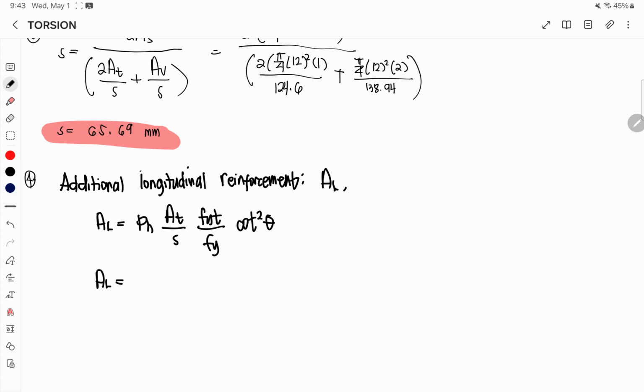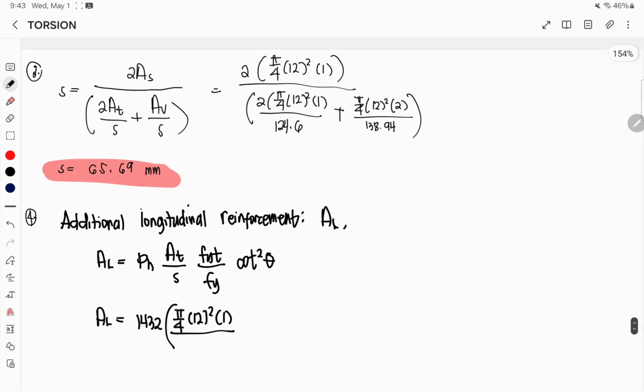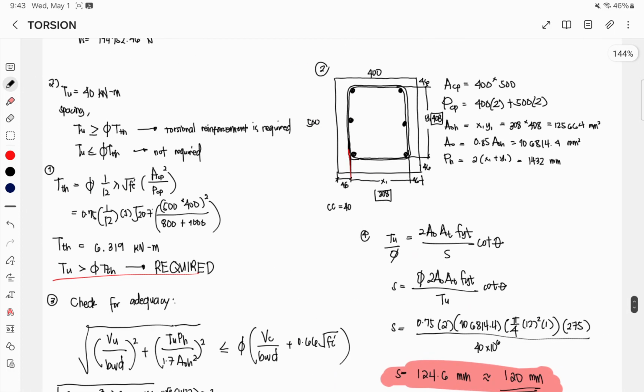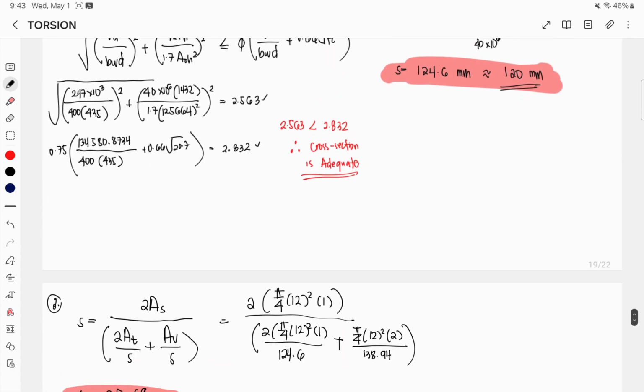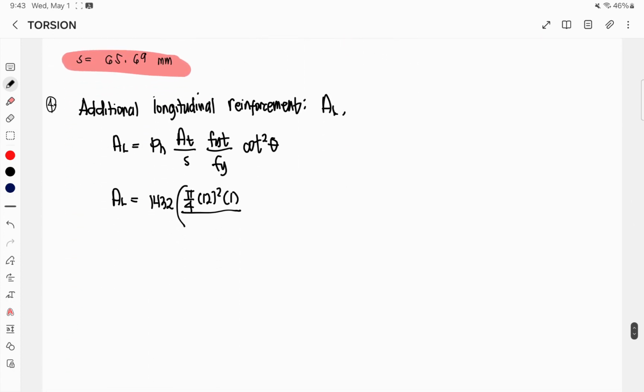Lahat naman na-solve natin. We have the PH that is equivalent to 1432 and then the 80 is equivalent to pi over 4 12 squared times 1 and then S, the S is just for the torsion only. We have 124.6 and also we have 275 and 415.